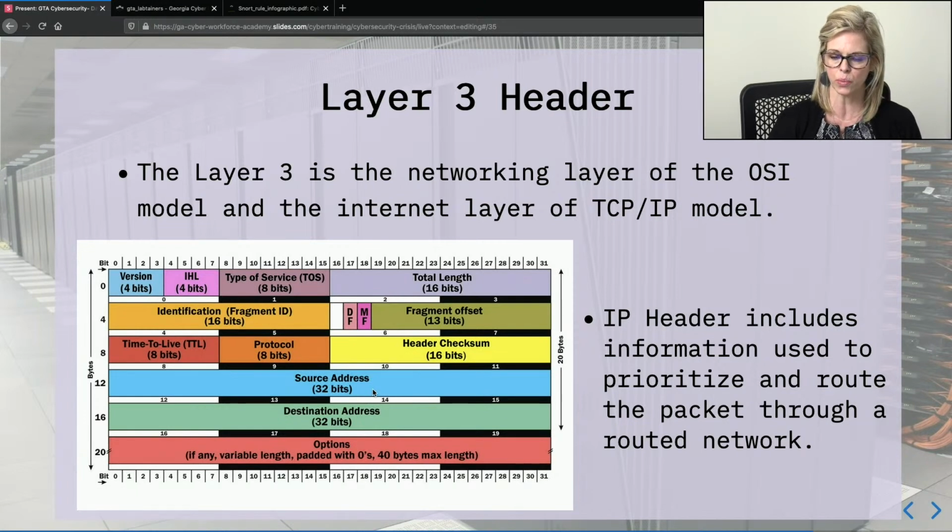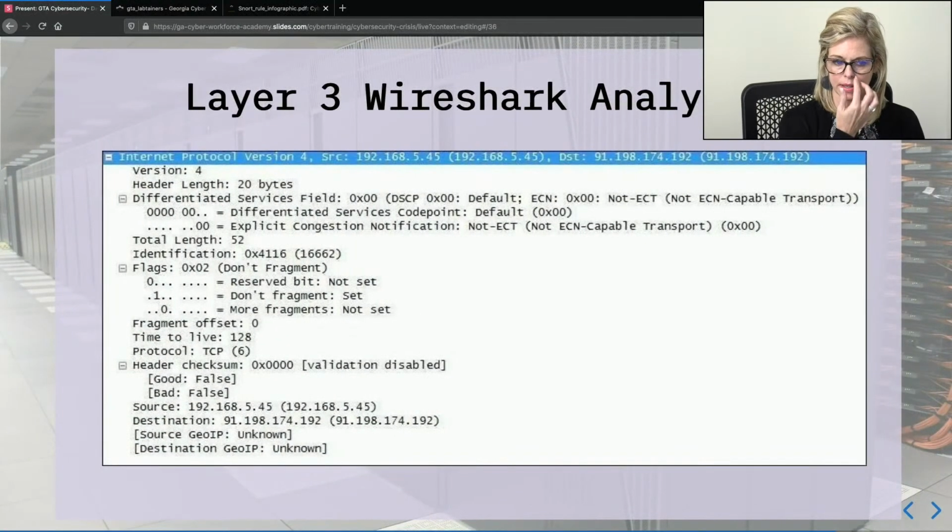They're actually used to route information end to end, but we do have some technologies like NAT, network address translation, that can alter an IP header. And there's also options that you see here, and the information that's in the options could be used to store or hide information. So you have to be aware of that as well.